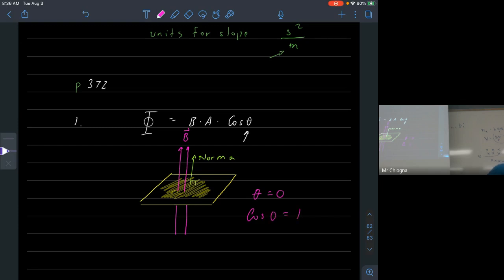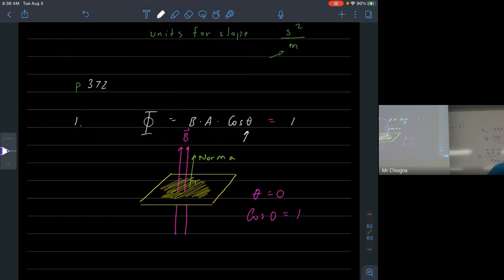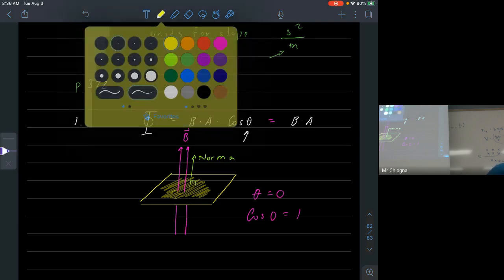So that top equation would just reduce to that, and that's what it is to start off. In most of our problems, the field lines are parallel to the normal line. Yes, this should read normal.